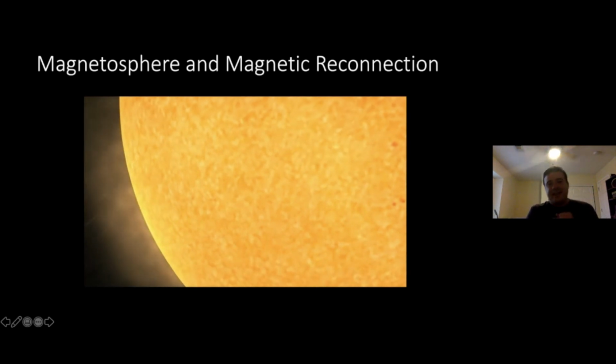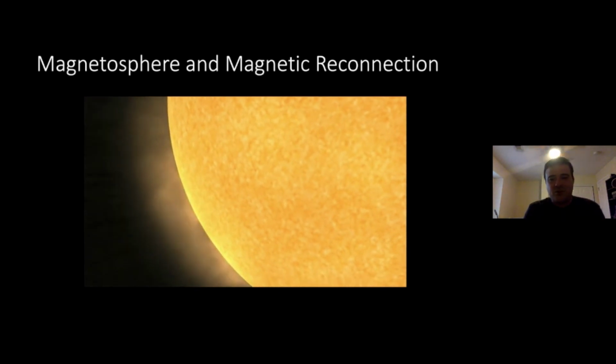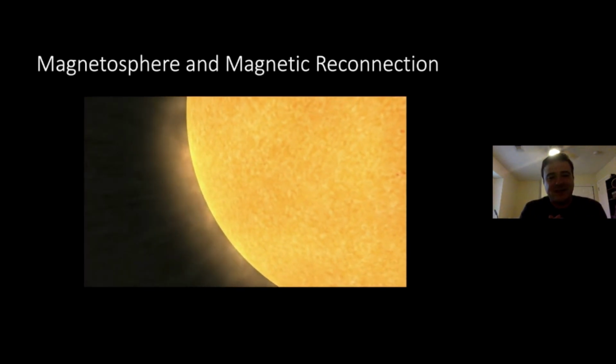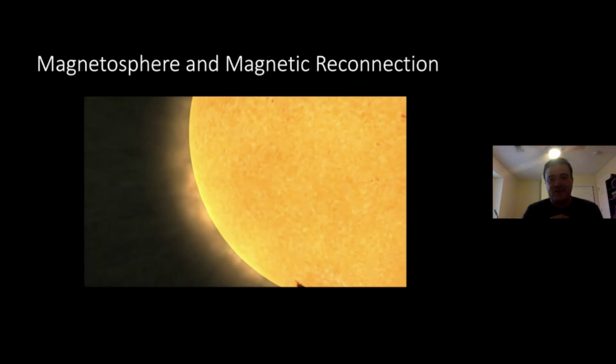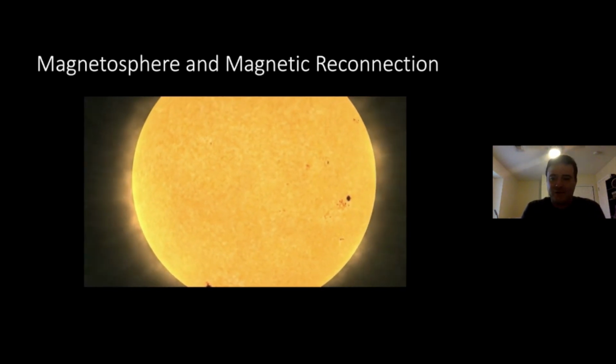So what we're seeing here is an animation of the sun, and the corona is expanding into interplanetary space. We call that the solar wind, and that carries a portion of the sun's magnetic field.